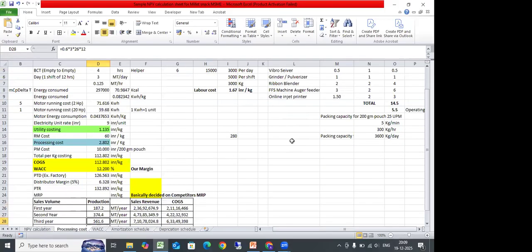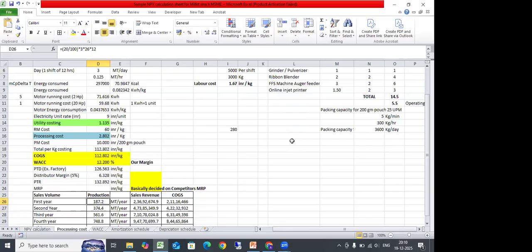The only idea of taking 20% is that, since to start a business I'm low on funding. If you're high on funding and confident of selling that much, then that is okay. See, the problem is when you manufacture a food product, your expiry date starts. So it doesn't make any sense to overproduce when you are not capable of selling it. Then it leads to more loss.